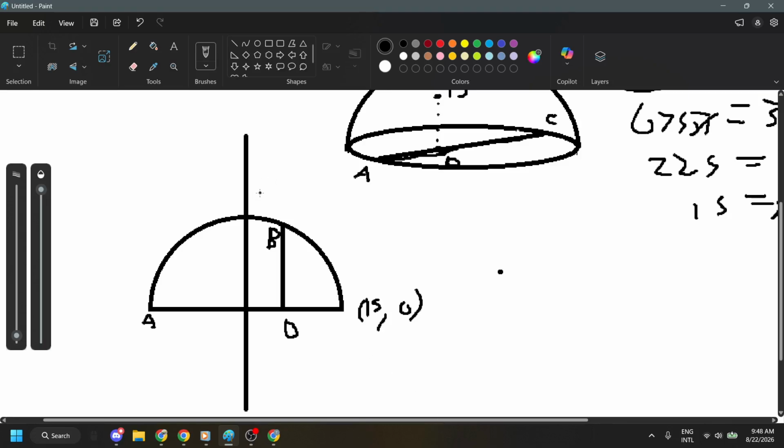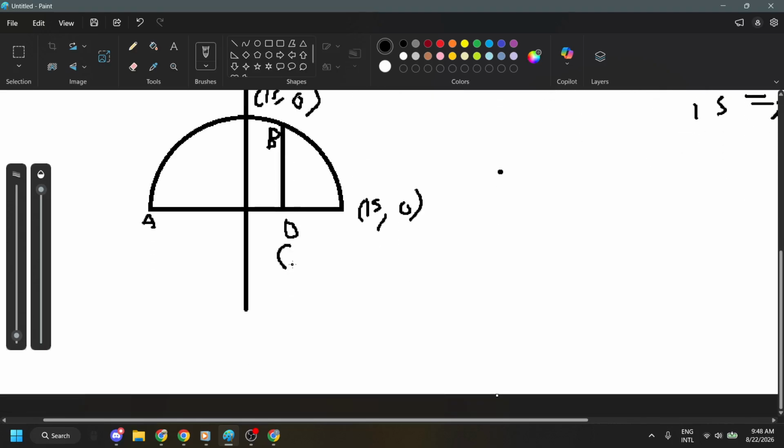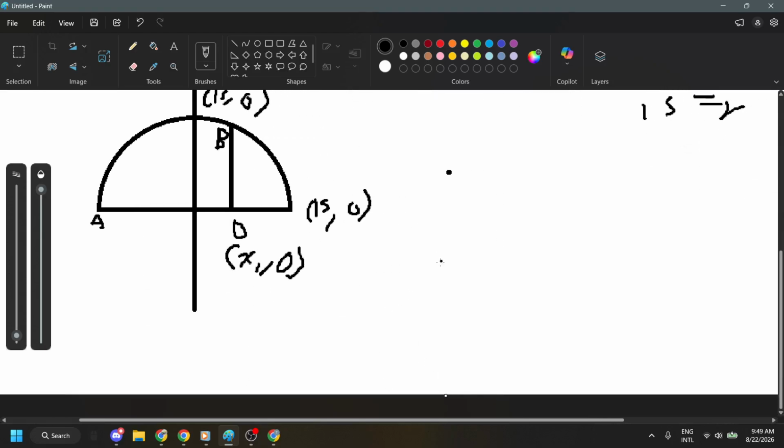This is also 15, 0. This is going to be x1, 0. This is going to be something else. We know the equation for a circle is x squared plus y squared is equal to r squared. So we know x squared plus y squared is equal to 225.